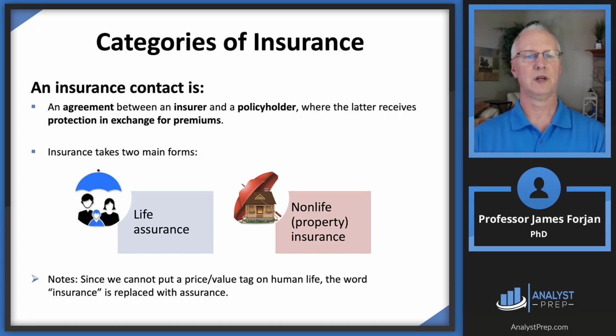Here's a definition. An insurance contract is an agreement between an insurer and a policyholder where the latter receives protection in exchange for premiums. And when I see a definition like that, I'm always reminded of my father. When he was alive, he used to get so upset at his car insurance agent because my father died as an 83-year-old man who never had a wreck. So he would have this conversation with his auto insurance guy, and he would say, "You're making so much money off of me.